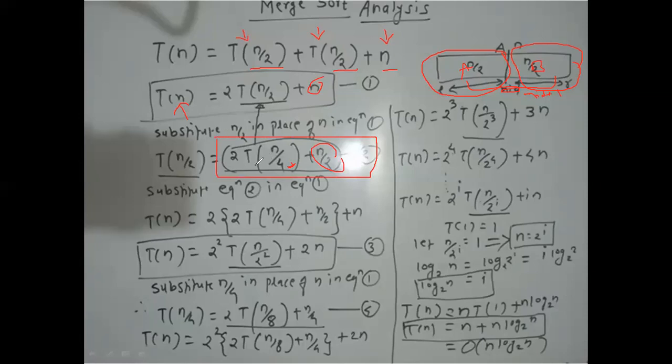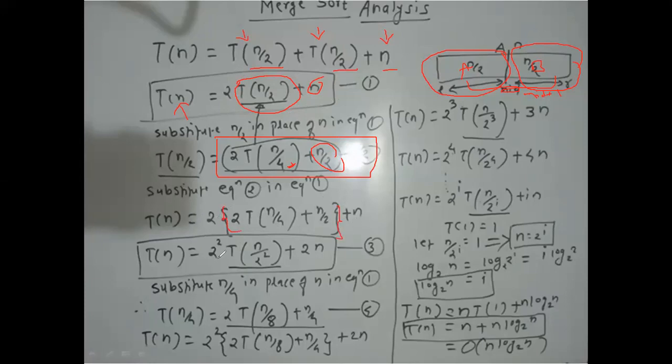So copy this value in 2T of n by 2 and replace the n by 2 value here. That is written in this place only, the remaining is as T. So the remaining is T of n by 2 equals 2T of n by 4 plus n by 2 here, plus the remaining is the same.